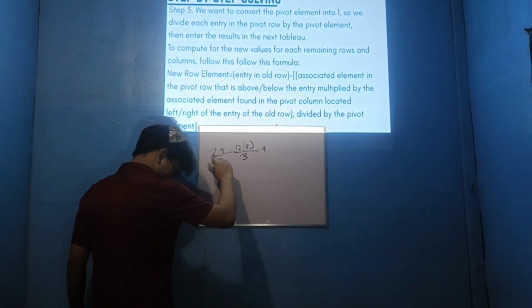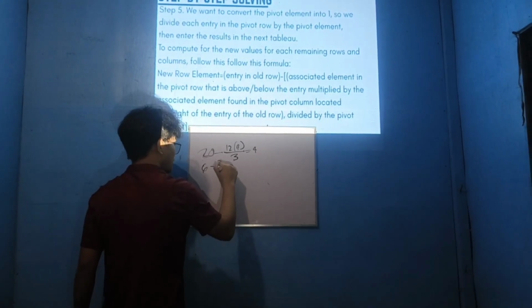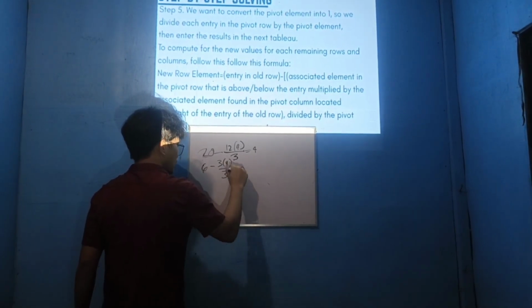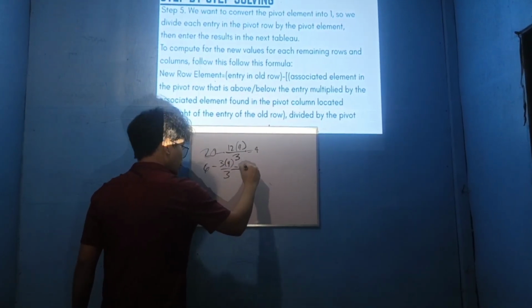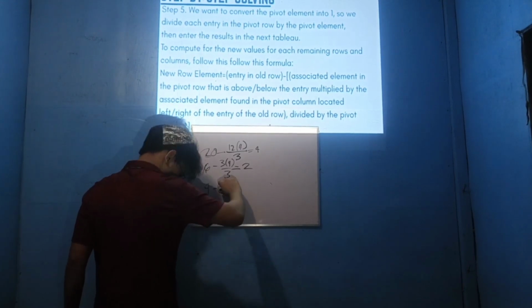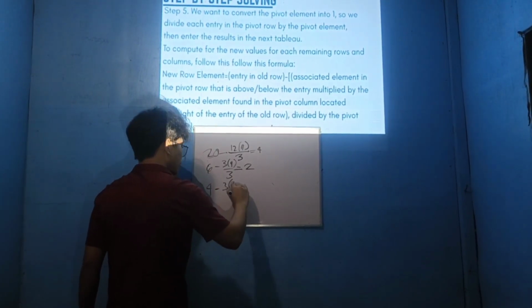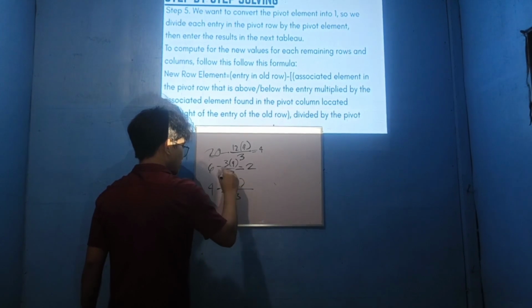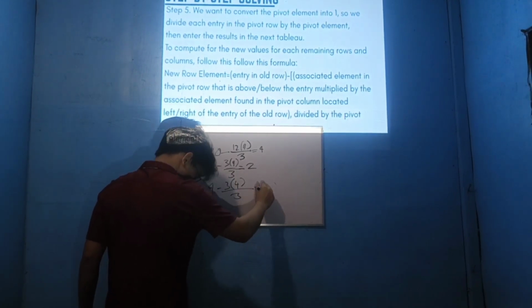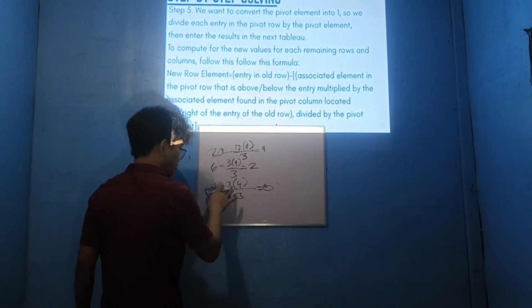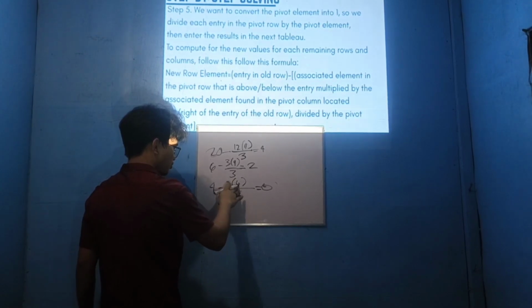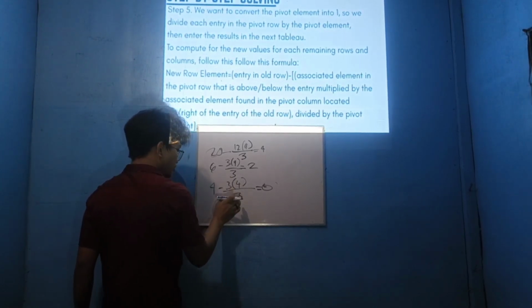And 6 minus 3 times 4 divided by 3 will be 2, and 4 times 3 minus 3 times 4 divided by 3 will be 0.